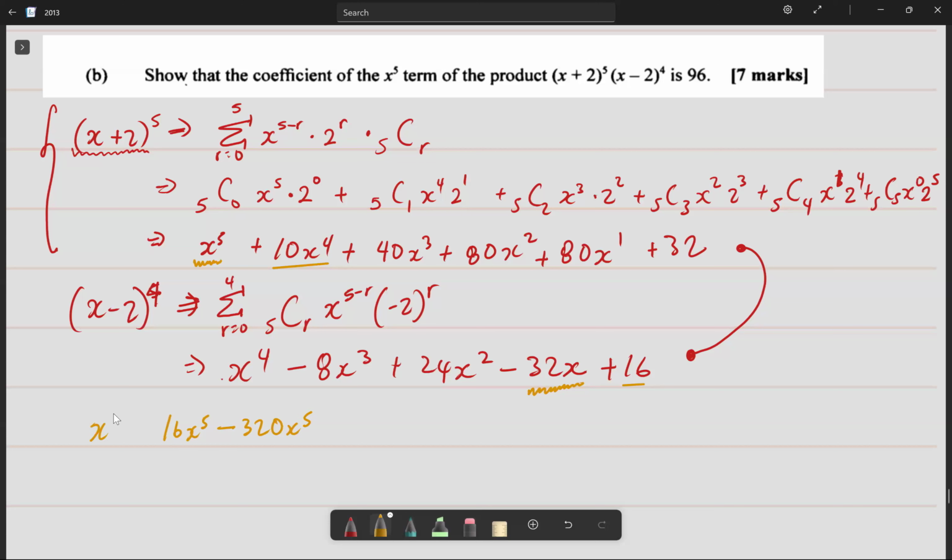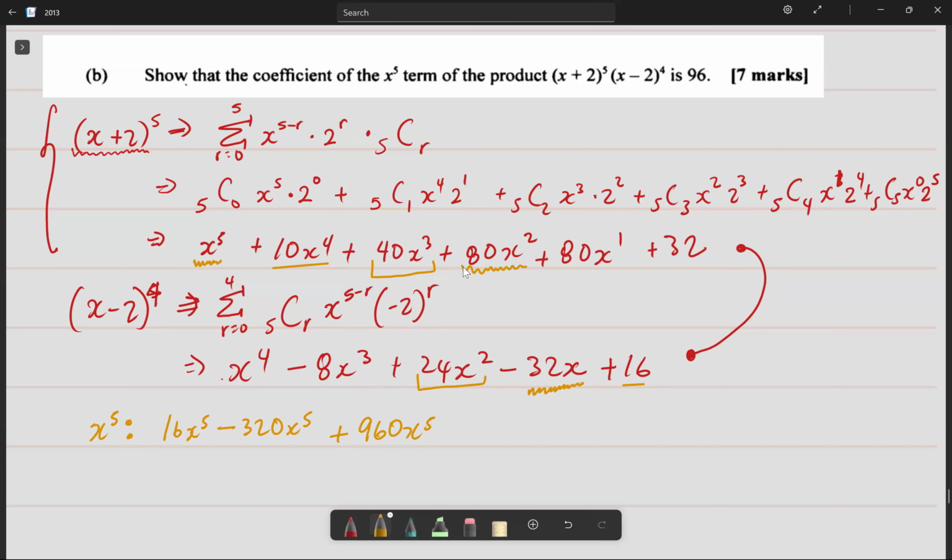So we're looking only at the x to the 5th terms.